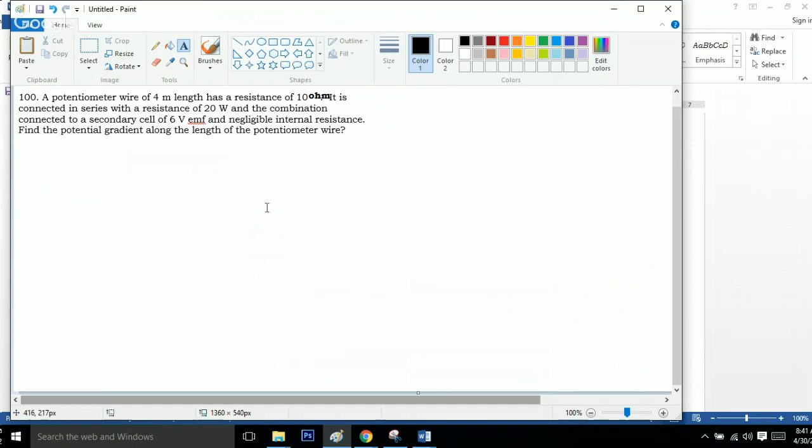Why can't you draw the diagram where you are facing difficulty? It is a wire of length 4 meters, and moreover it is saying there are 10 ohm resistance it has.